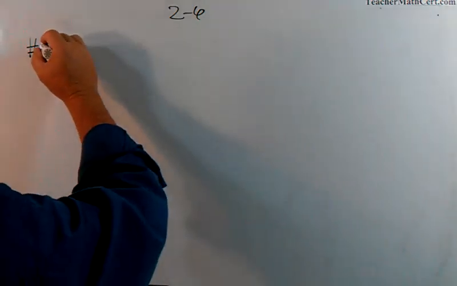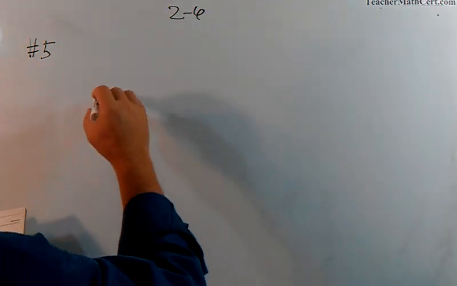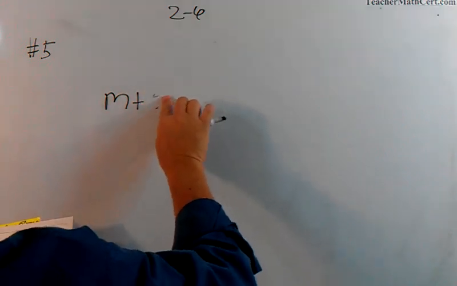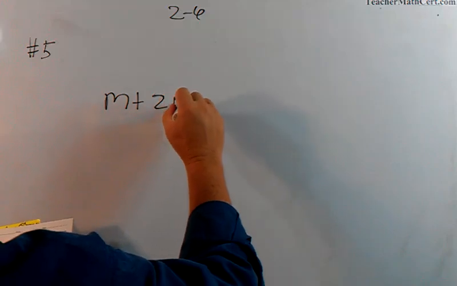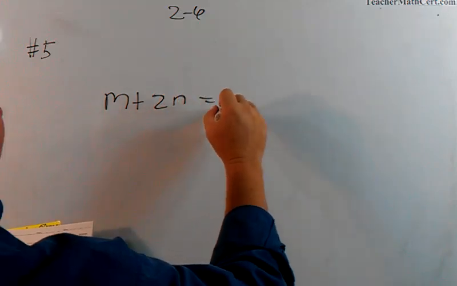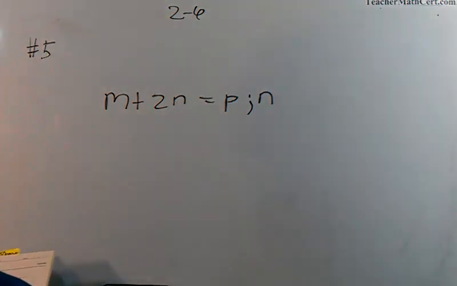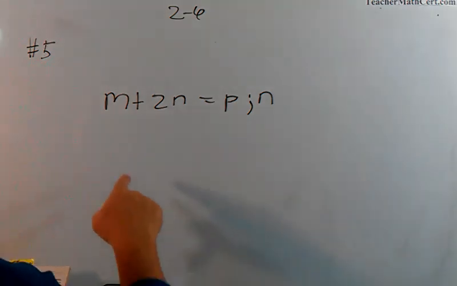Number 5. M plus 2n is equal to p, semicolon n. So we're solving for n.